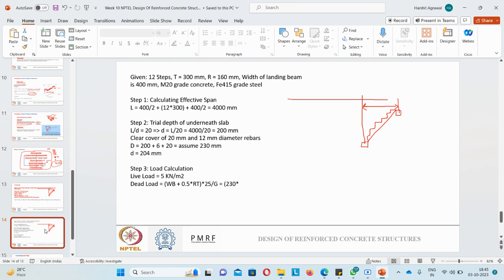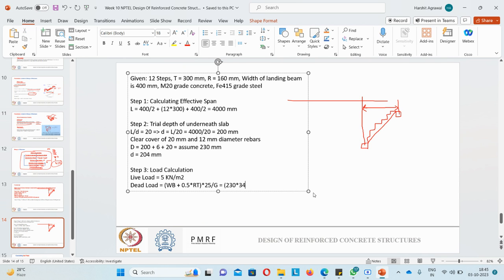So my rise is given 160 and the tread is given 300. So under root of 160 square plus 300 square. Just let me do the calculation. So it will come out to be 340.